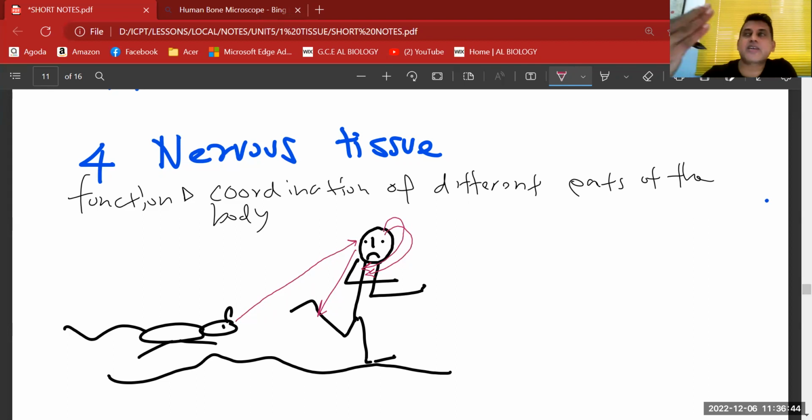Because when you get scared, heart rate increases, breathing rate increases, maybe sweating, and maybe eyes are wide open to see properly. Then we start to run. So it is the main function of the body, coordination of different parts of the body.